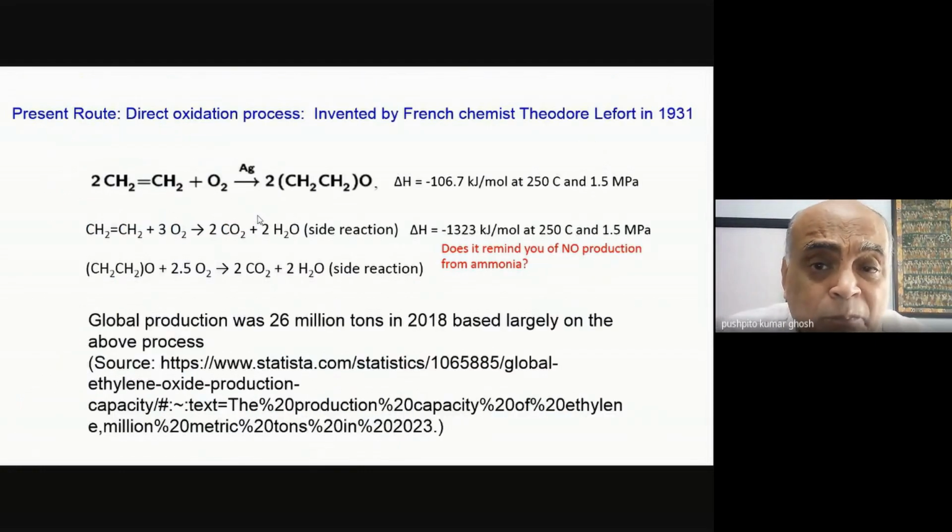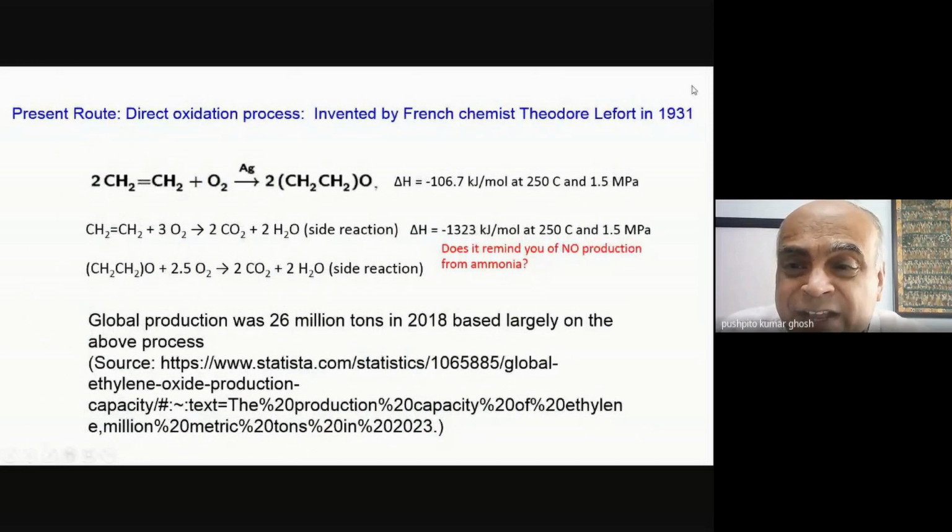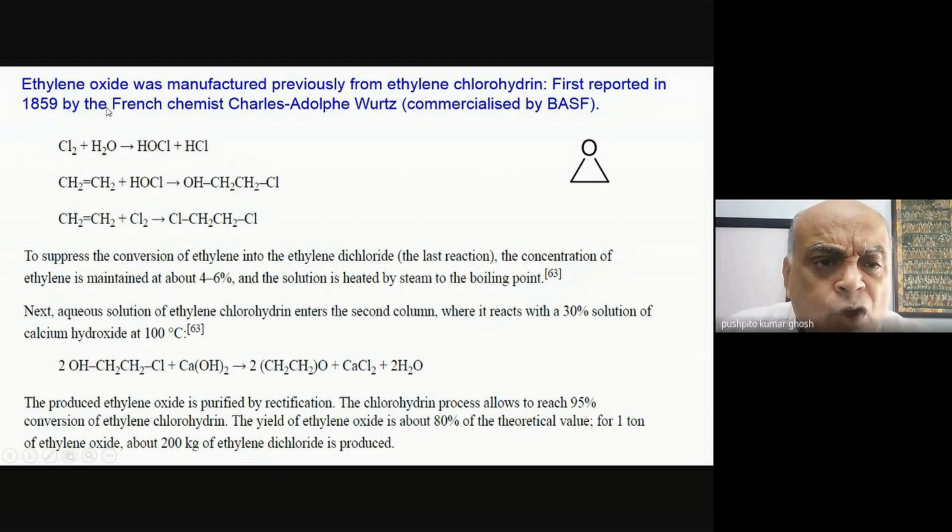And it was much later, 1931. So you're talking about 70 years later, that a new process was invented, again by the French. That's interesting, okay? And after all, what is the job of chlorine? What is chlorine doing? If you broadly look at ethylene oxide and chlorine, what is the role of chlorine?